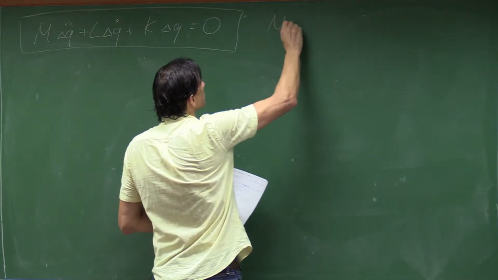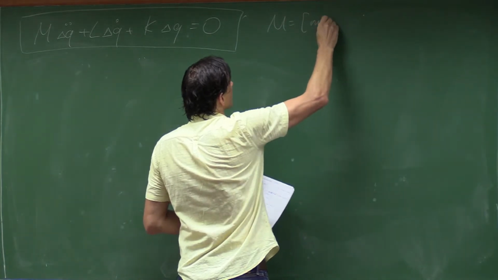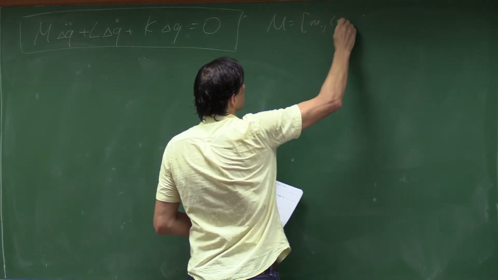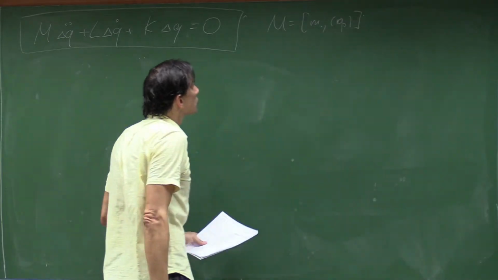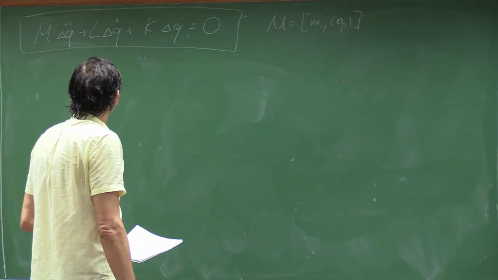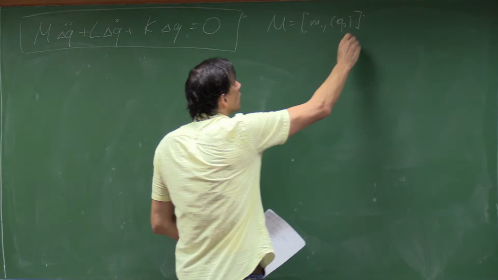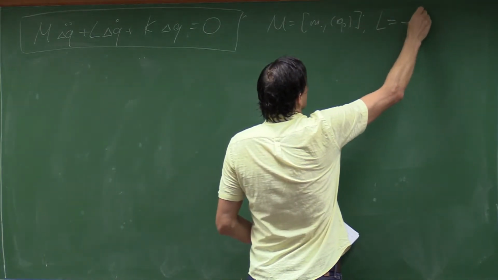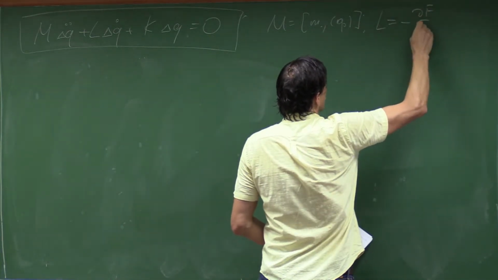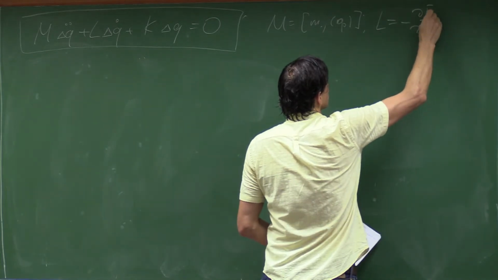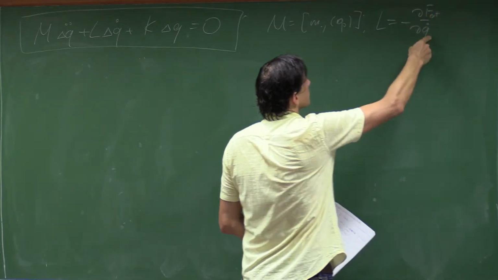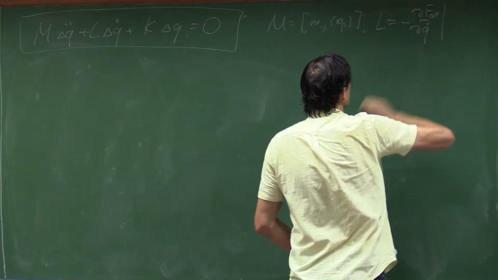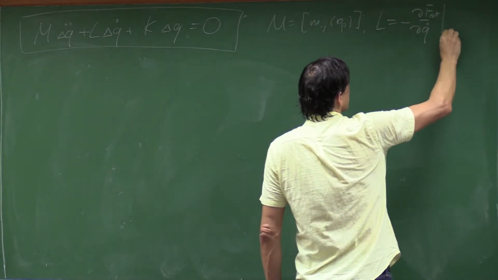Matrix M is just the mass matrix at the equilibrium. Then L is the minus Jacobian matrix of the external force with respect to velocities, which should be computed at the equilibrium, right?